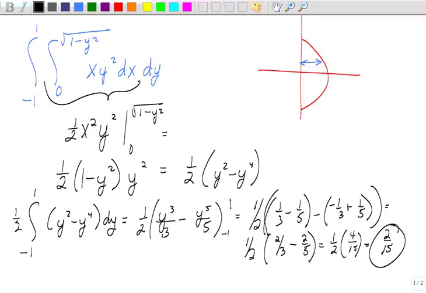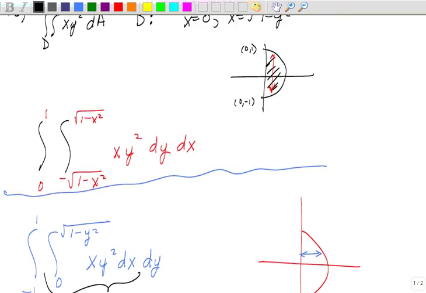So again, it was easier to plug a square root into something that was squared. Here, where the y was cubed, it would be harder to plug that square root in, but you could still do it the way in the red, but it's easier to do it the way in the blue. So you may want to check both orders of integration.